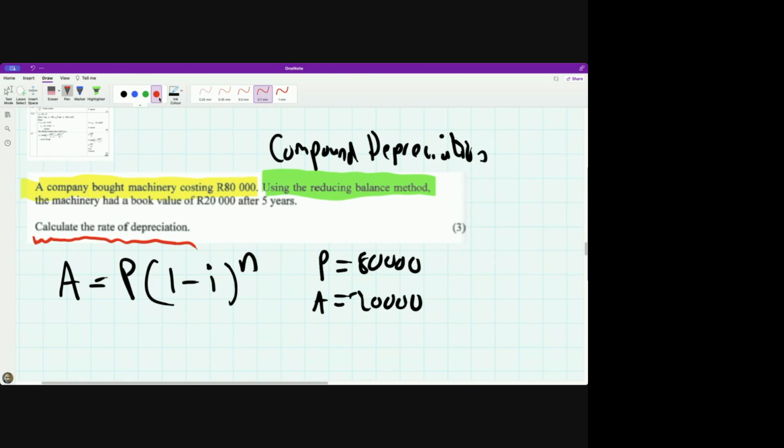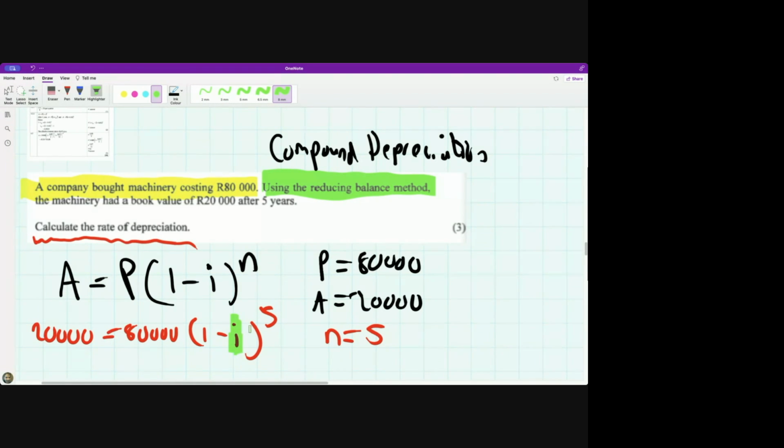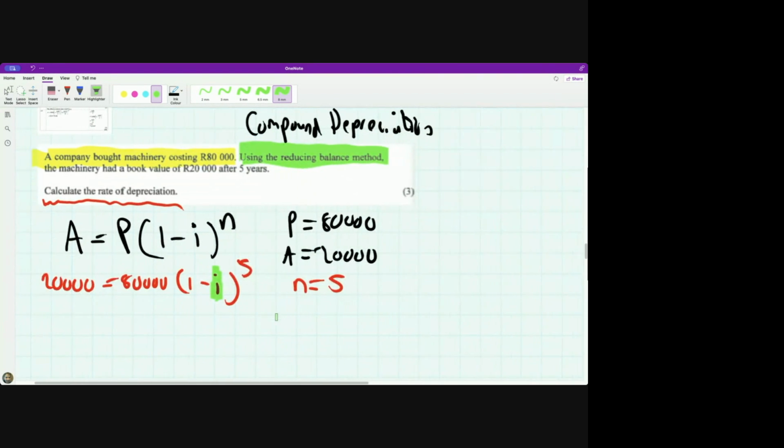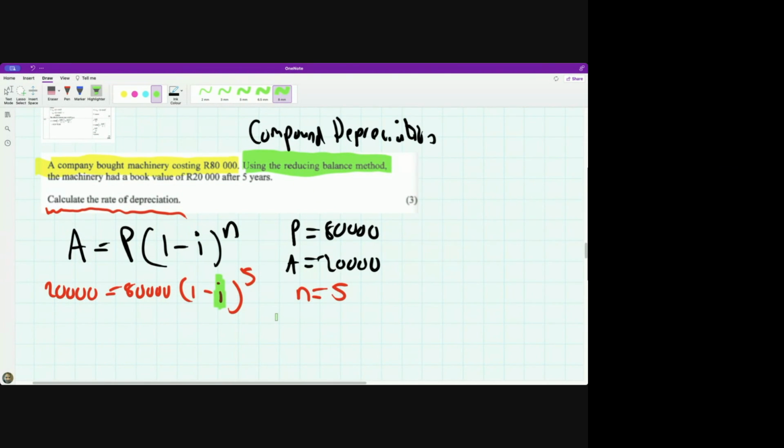The N is 5. So I think I should be setting up an equation that looks like that. And what you need to find for me is what that I is, because that's going to be my rate of depreciation. I'll give you a bit more time on that.